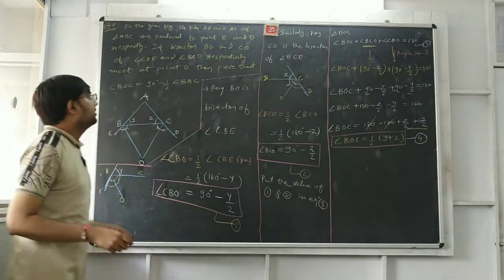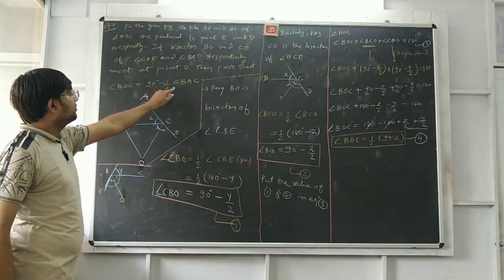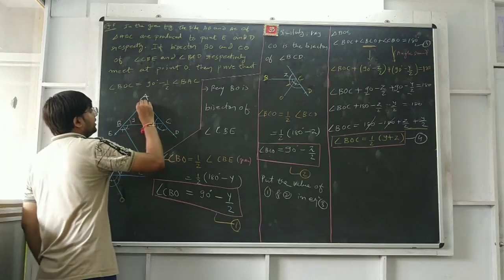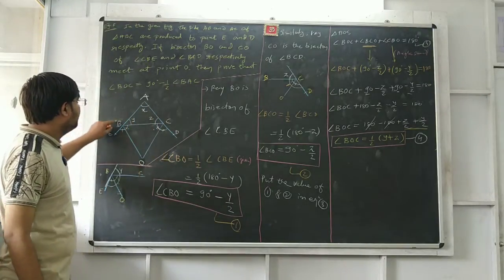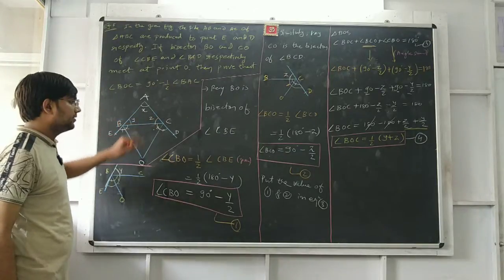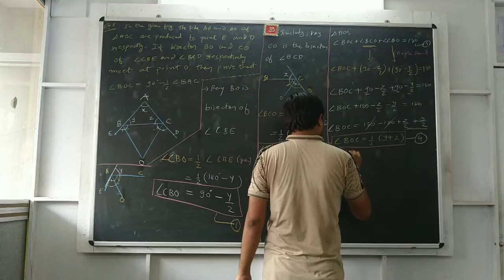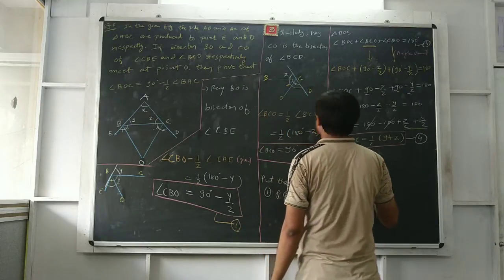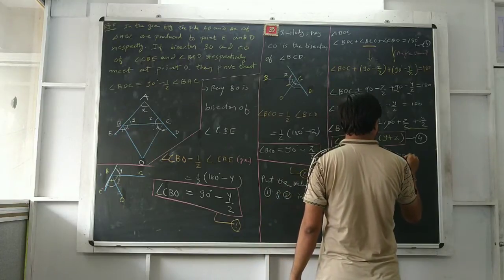Now the last point. BOC is equal to 90 minus 1 by 2 BAC. Suppose here we are given x in triangle ABC. So I can write in triangle ABC, angle A plus B plus C, that is x plus y plus z, is equal to 180.